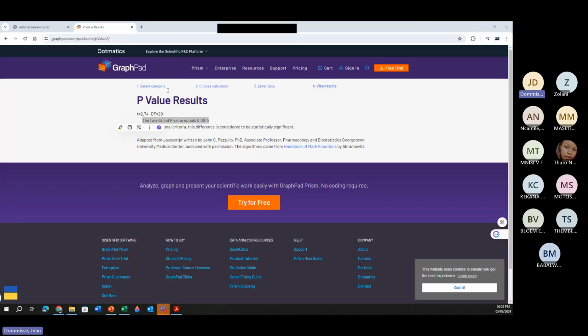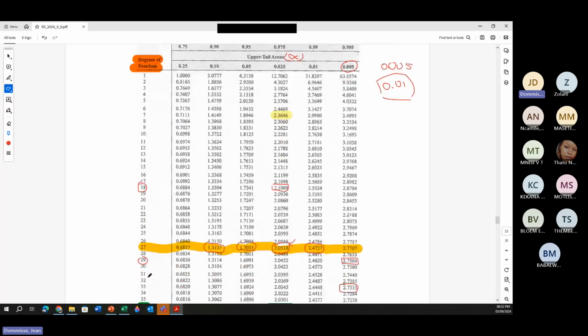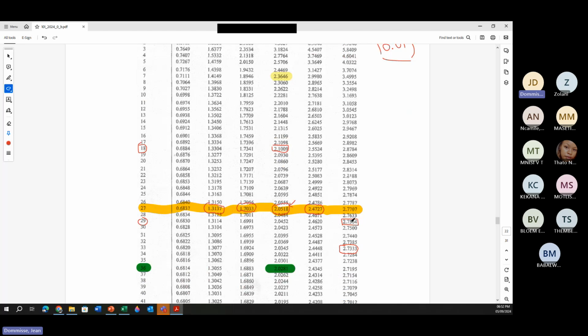So yeah, what I would have done with this one is, like you have now seen, I would have looked at that number and I would have checked here, 29 with that.